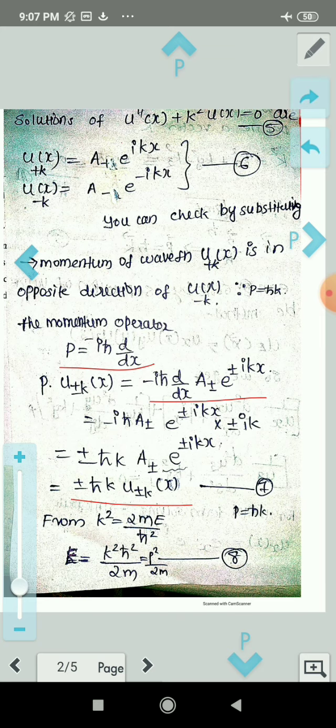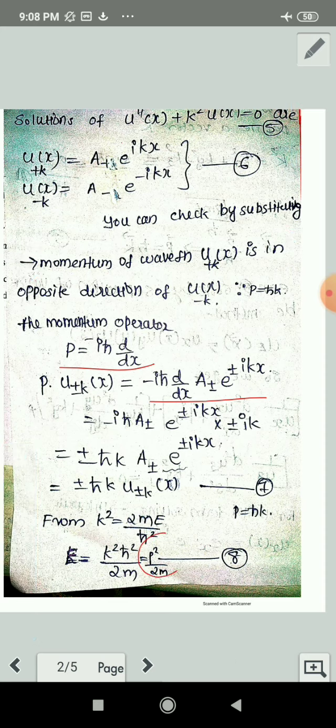And the corresponding energy, we can write from k square is equal to 2me divided by h cross square. Then E, the energy, will be k square h cross square divided by 2m, which is equal to p square by 2m. So look at these two equations.